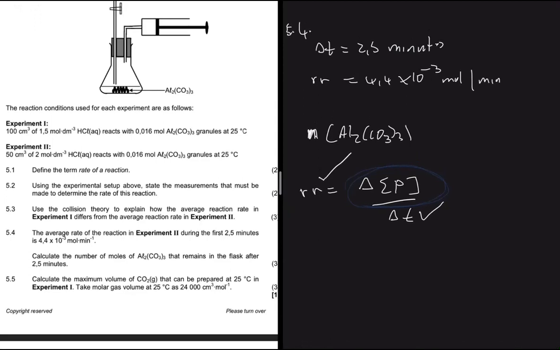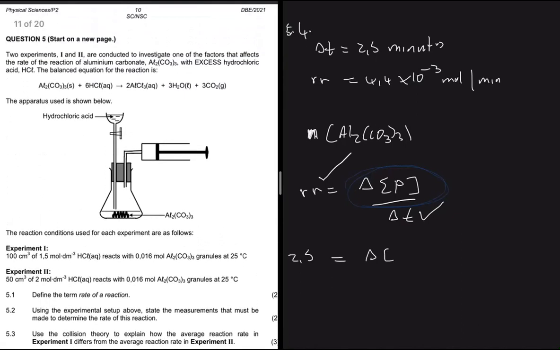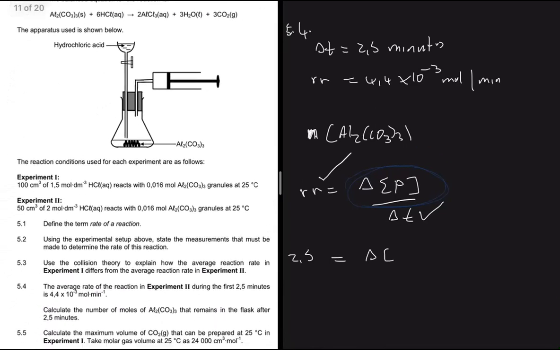The reaction rate, the time is said to be 2.5 minutes, and then the change in the products is what we're given. But if you pay close attention here, aluminum carbonate is actually not the product, but the reactant.